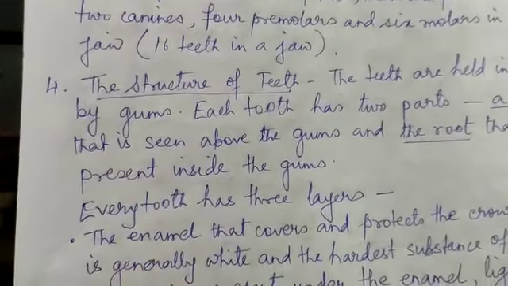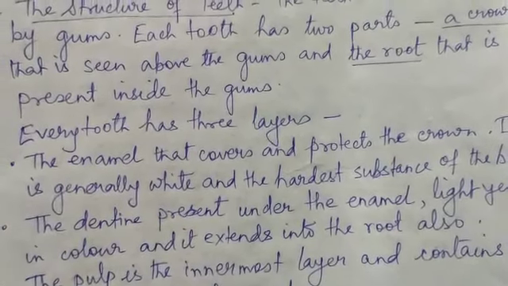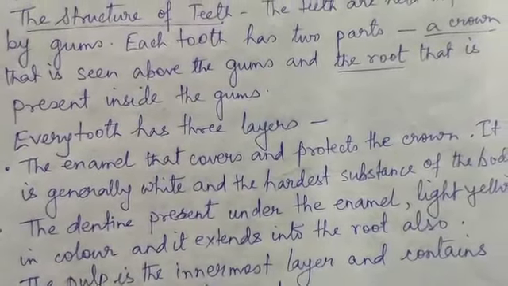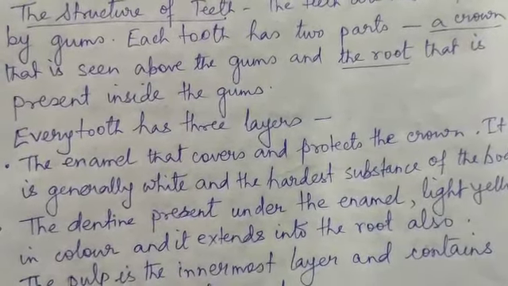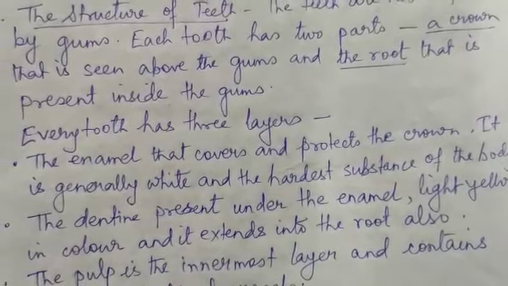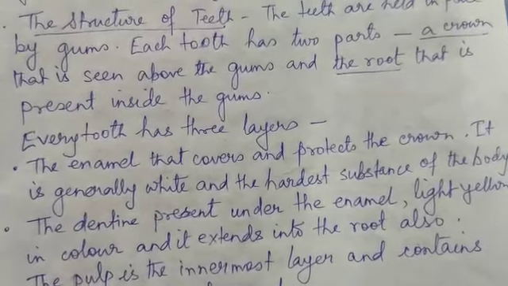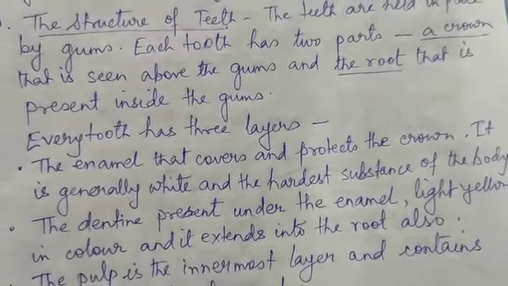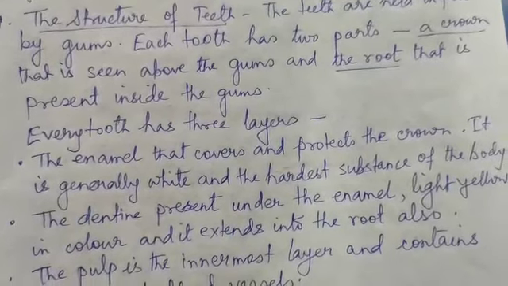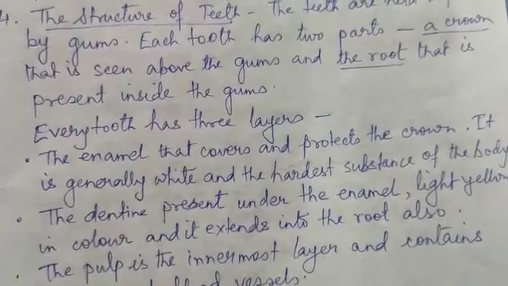And every tooth has 3 layers. The enamel that covers and protects the crown. It is generally white and the hardest substance of the body. The white teeth that you see is actually the enamel that covers the crown. The dentine is present under the enamel, light yellow in color, and it extends into the root also.